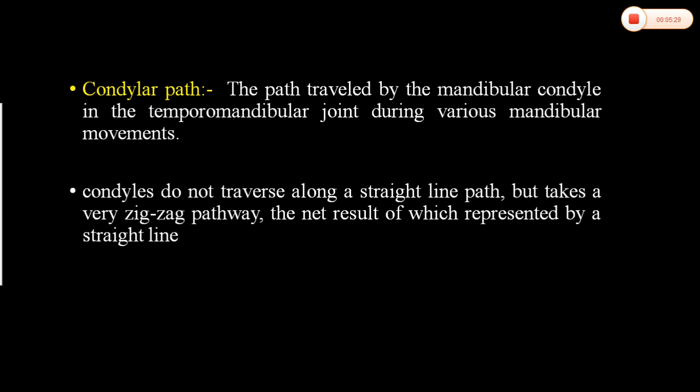The condyle does not travel along a straight line path, but takes a very zigzag pathway, the net result of which is represented by a straight line. The glenoid fossa is a depression in the cranial base. The condyle moves along the glenoid fossa and onto the articular eminence.